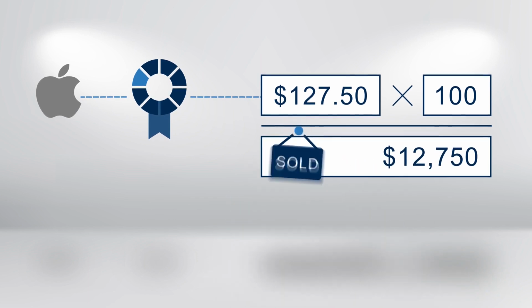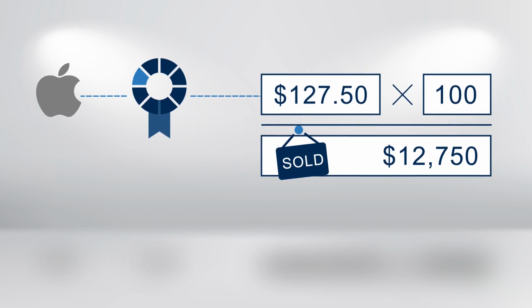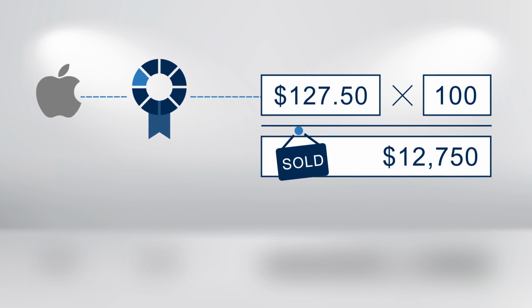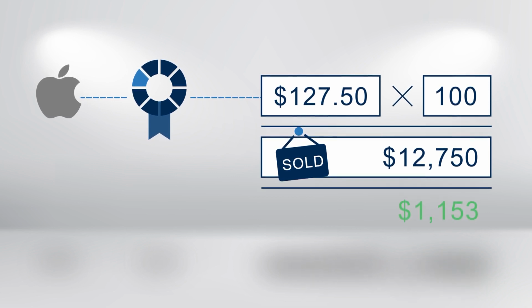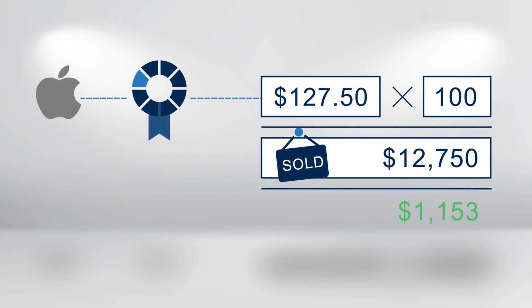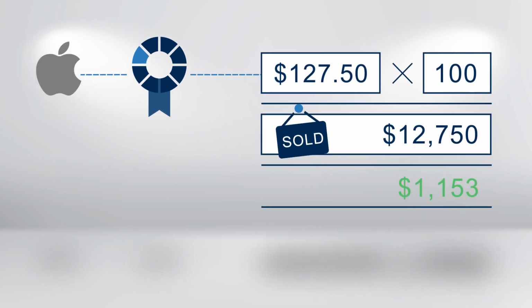At this point, you decide to sell the stock at this higher price of $127.50 and therefore receive $12,750, creating a profit on the trade of $1,153. This profit of $1,153, based on an initial outlay of $11,597, results in a percentage return of 10% on money invested.